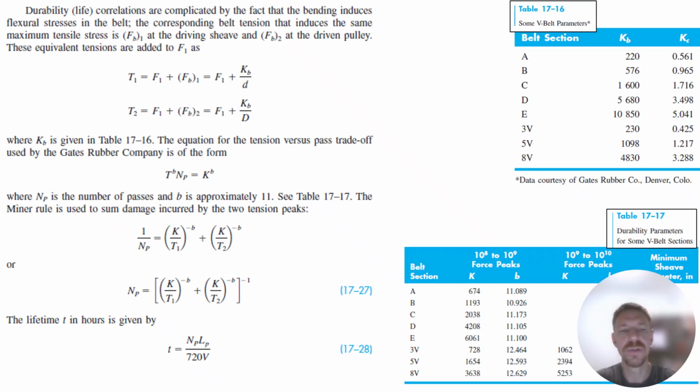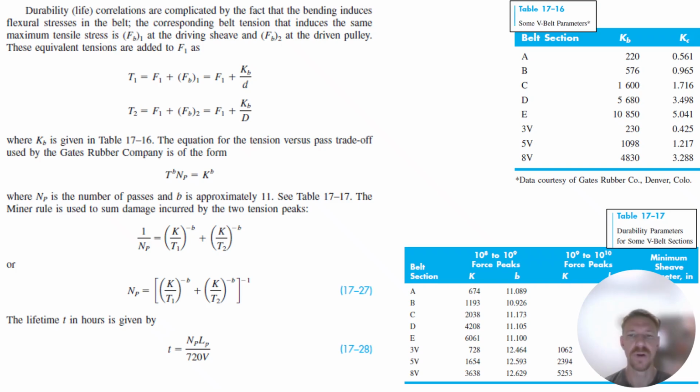So that rule is used to sum up the damage at the small sheave and large sheave ends of the tight side. And so you see in that equation, you've got the K value, which is the durability parameter from table 17-17. For each belt, you can see the K values and the b values. And so the number of passes can be calculated. And from the number of passes and pitch length of the belt and the speed, you can derive the lifetime and number of hours.